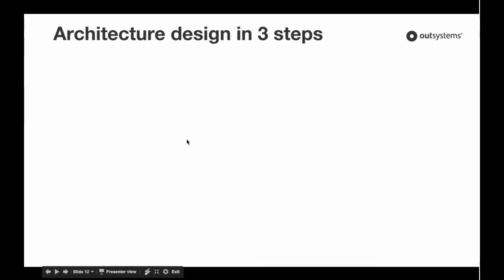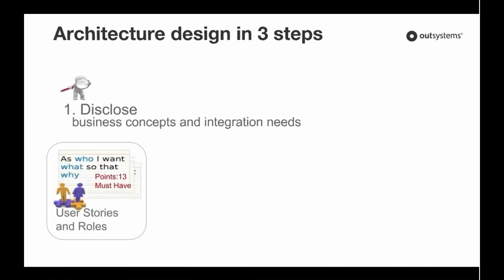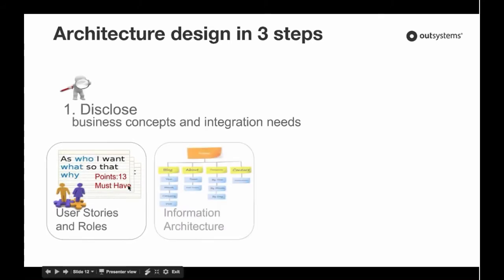So let's see. The first step, we are going to disclose business concepts and all integration needs or all non-functional requirements, like we need to audit everything that the user is doing, all kind of non-functional requirements. This is typically done either because you're talking with the business owner or the business analyst, or because you're looking at user stories and you start getting concepts, or there is already an information architecture with the business concepts already identified and the hierarchy of concepts.